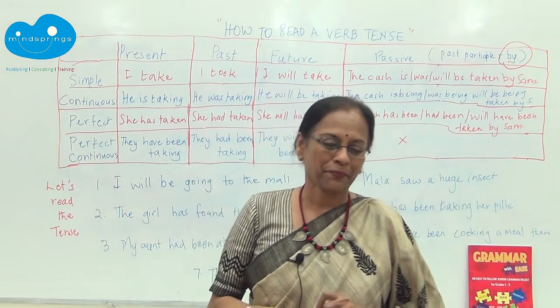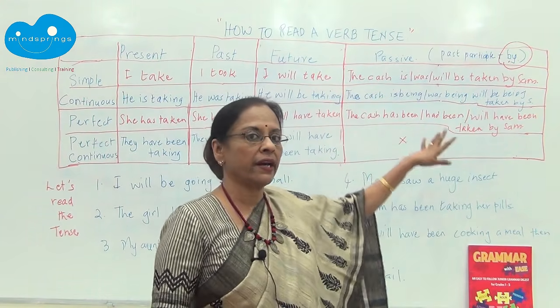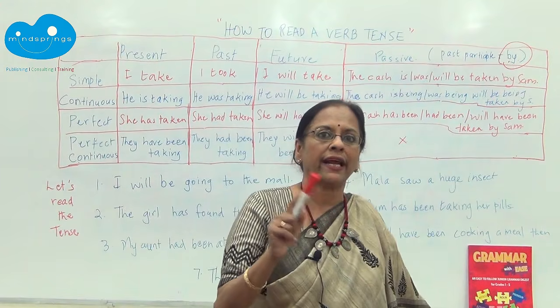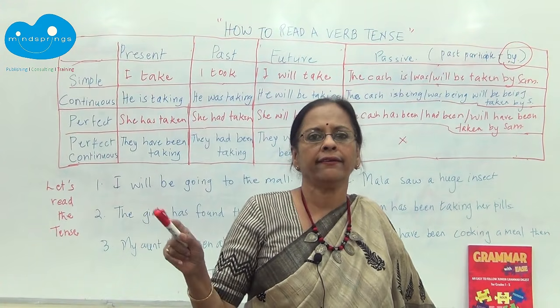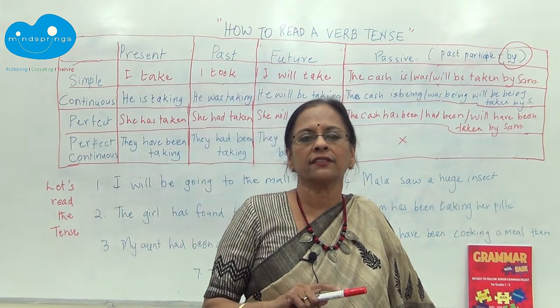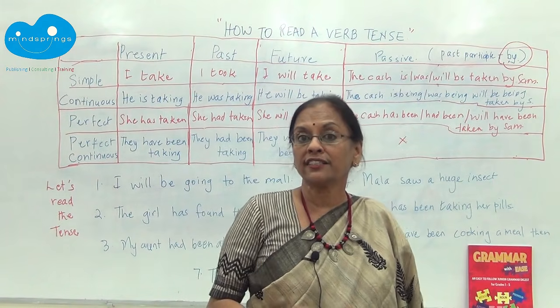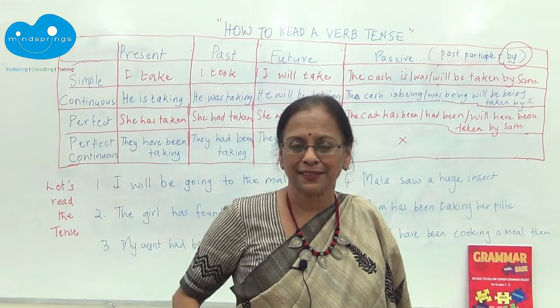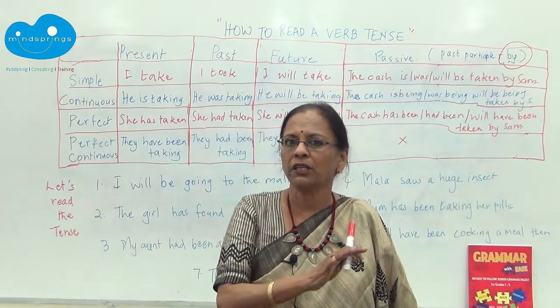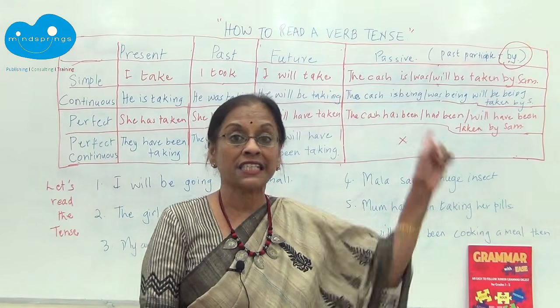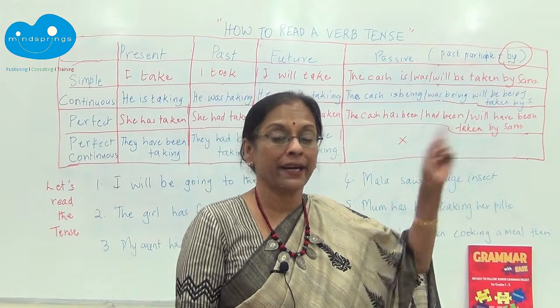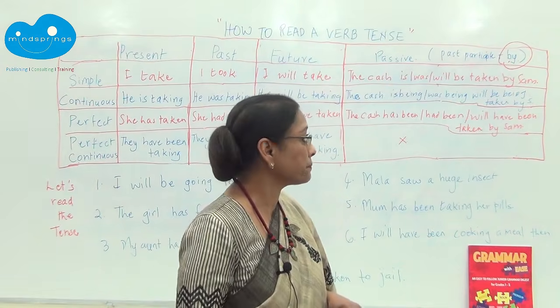That's the difference. Okay? So always look for the by. Even if the by is not there, if you say the rat was killed, you put the by and see if you can continue the sentence. If you can continue that sentence, it means it's a passive sentence. It's very, very simple to identify passive sentences. Remember the agent by. Okay?